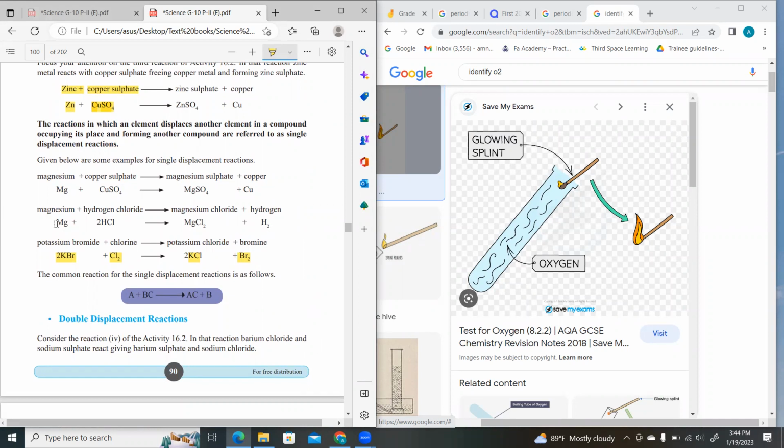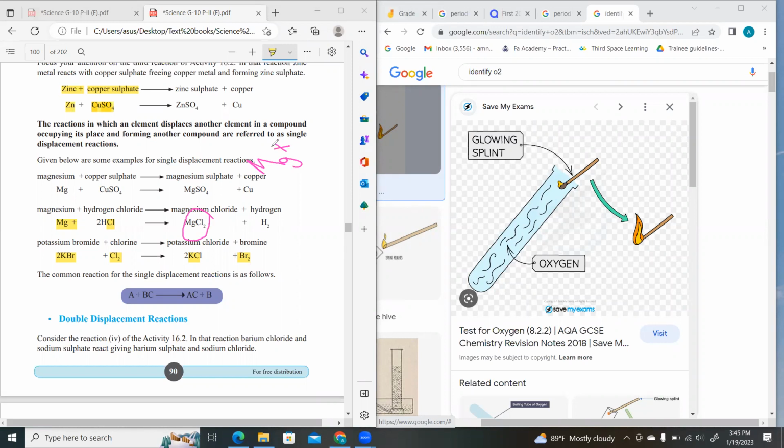Now see, for an example, when I take magnesium goes with chlorine, how will you decide whether it's MgCl2? You must be wondering, how did MgCl2 come? You have to check what are the two ions. Magnesium goes with what?